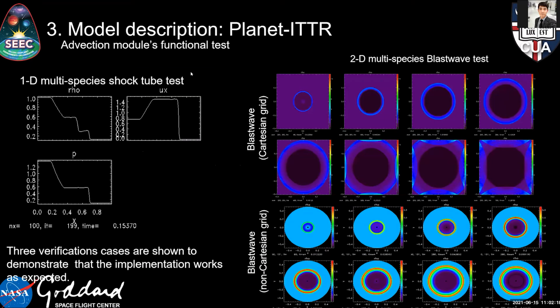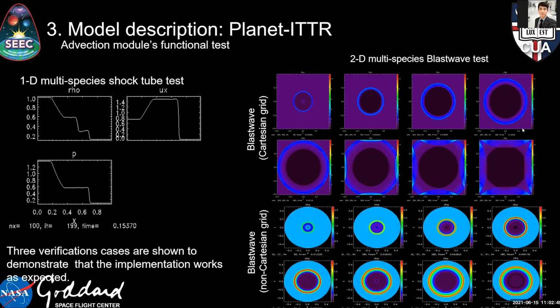And this is the verification and functional test of Planet Eater. On the left, we have the one-dimensional multi-species shock tube test, which matches what is expected from the analytical calculation. And on the right, this is the two-dimensional multi-species multi-fluid blast wave simulation.